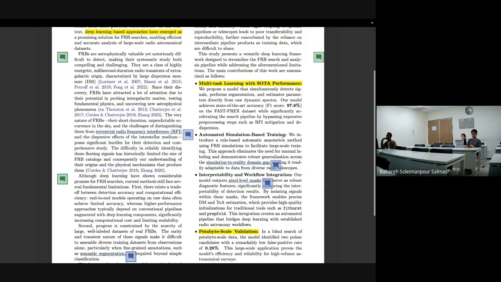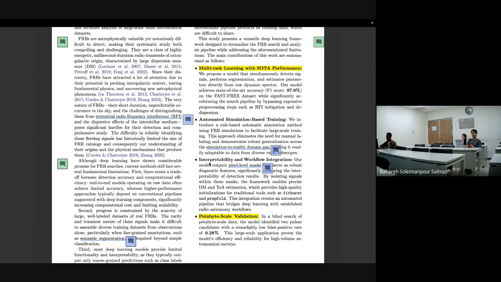It uses simulated data, it has the observed parameters, and it can generate simulated data to help training. It also has high interpretability and workflow integration, and it allows petabyte-scale validation, which is easy to verify.